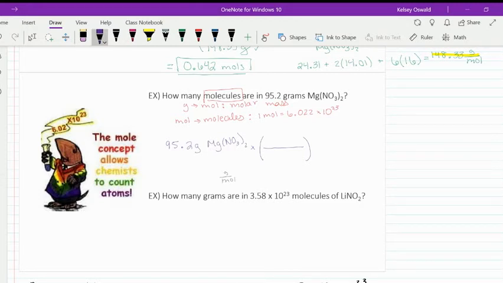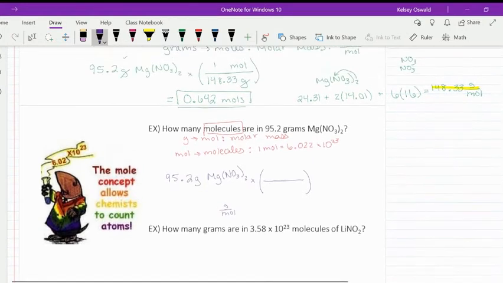If we look up at our previous example, we already found the molar mass of Mg(NO3)2 to be that 148.33. So I'm dividing by 148.33 grams in every 1 mole. Grams on top, grams on bottom cancel out, and we're left with moles.